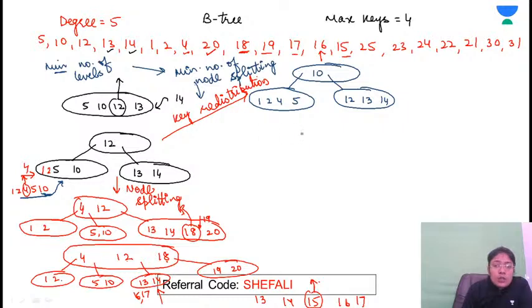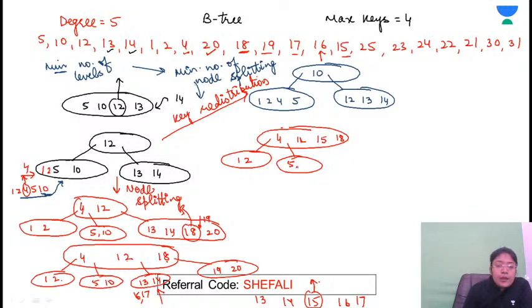Right? So the tree will look like 4, 12, 15 and 18. And on the left we have 1 and 2. On the right we have 5 and 10. Here we will be having 13 and 14.